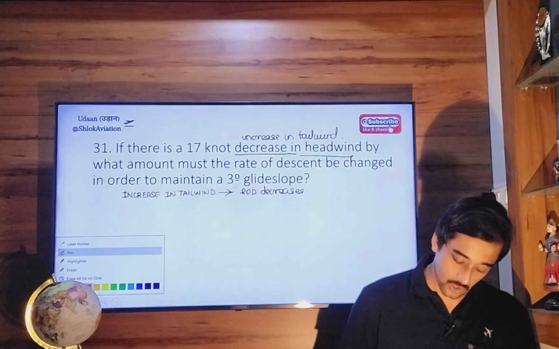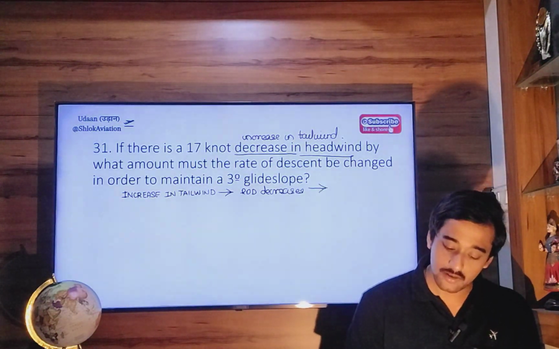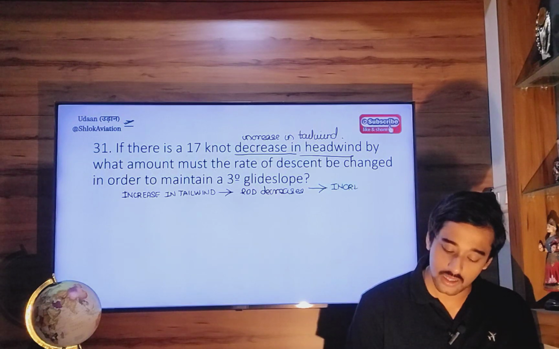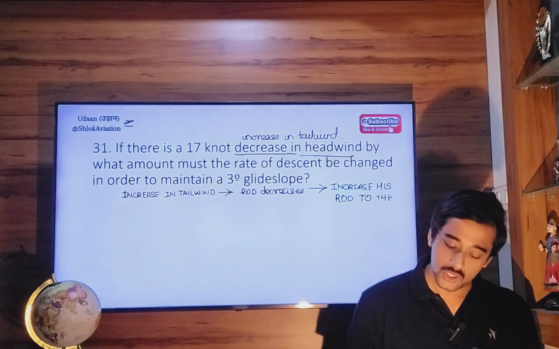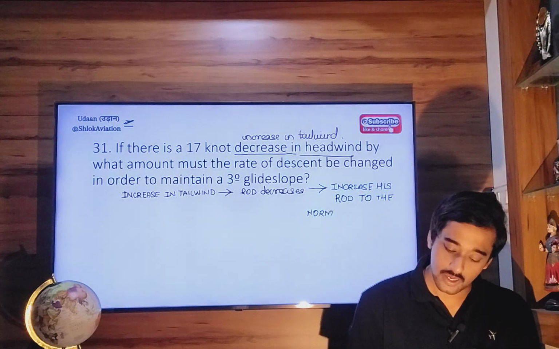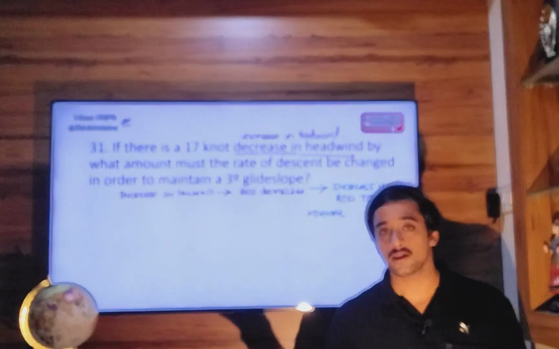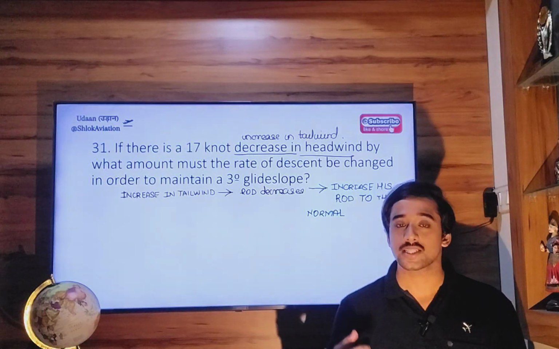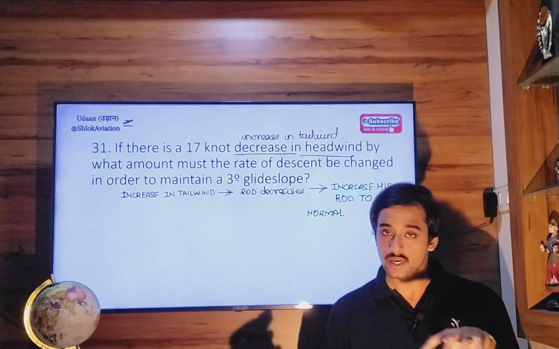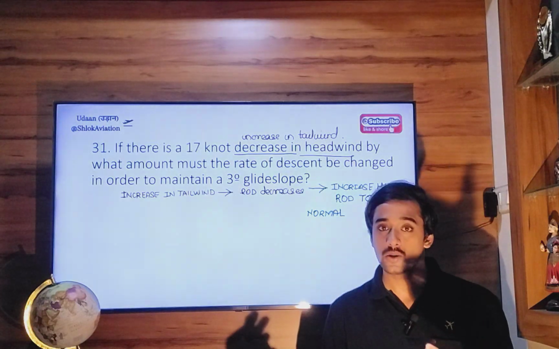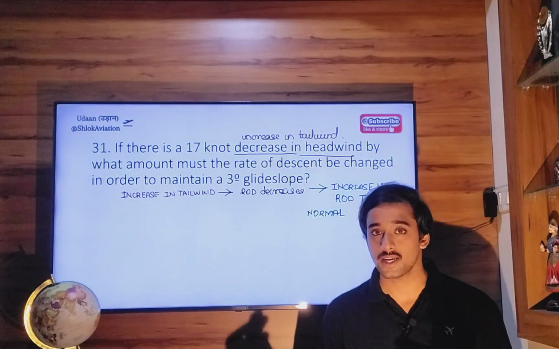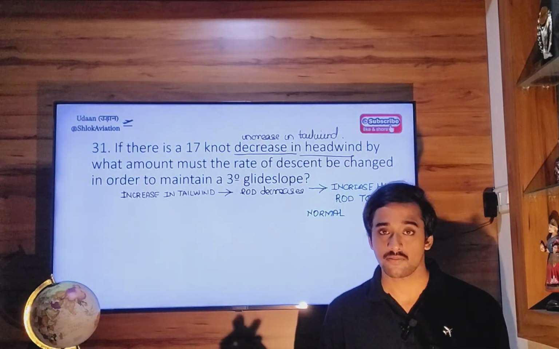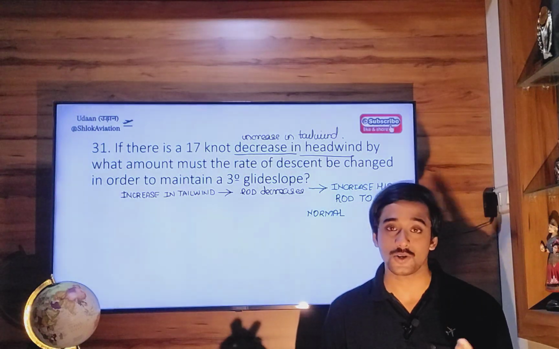So the solution to this problem is the pilot must deliberately increase his rate of descent to the normal value. If the normal rate of descent required on that particular glide slope and ground speed is, let's say, 500 feet per minute, and these tailwind conditions are leading you to fly at a rate of descent of less than 500 feet per minute, let's say 300 or 350 feet per minute, as a pilot you will respond to that situation.